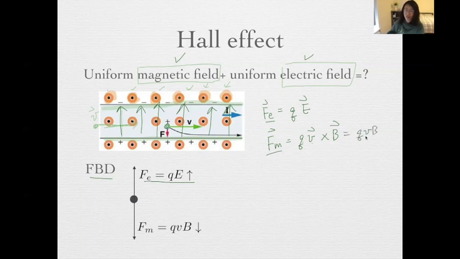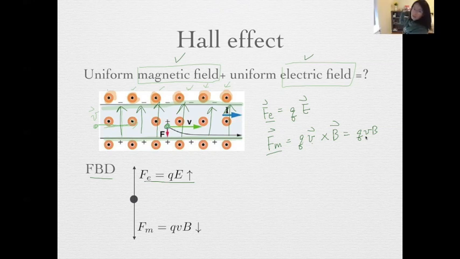And how about direction? To figure out the direction you want to use your right hand rule for the force. So this is V, this is B, and this will be your force. So now try to align your fingers pointing at the direction here. You can see the speed is going to the right, so your second finger should go to the right.